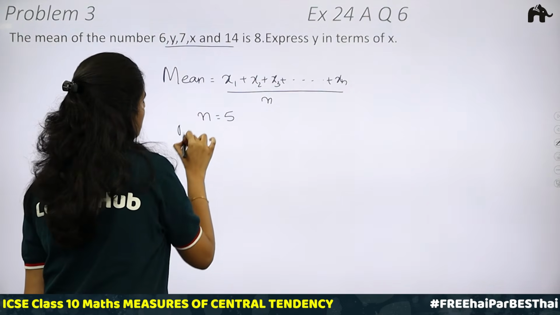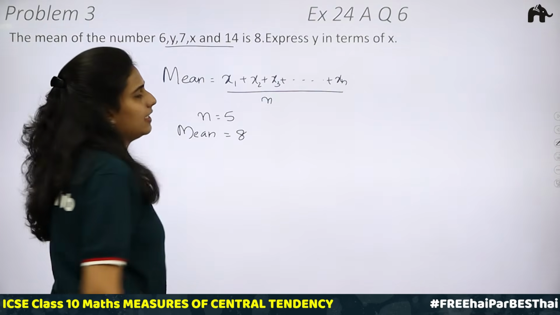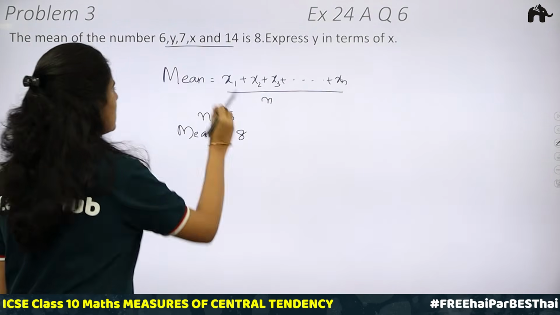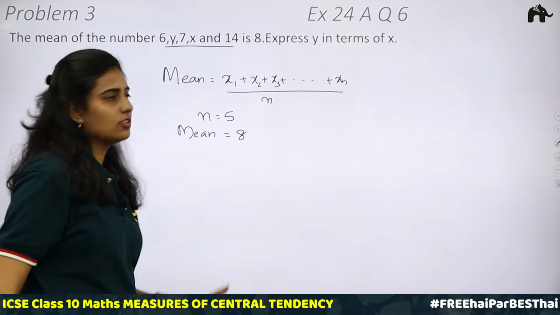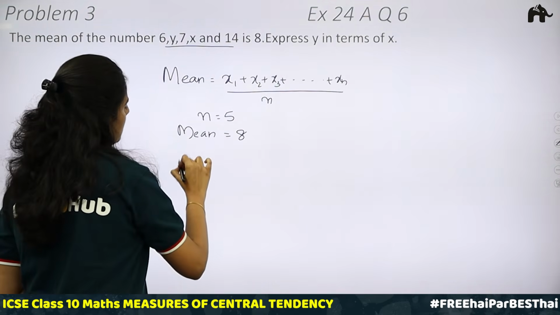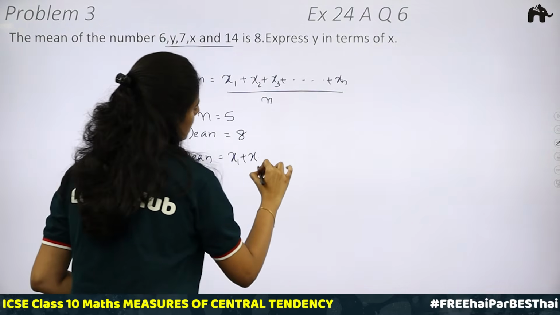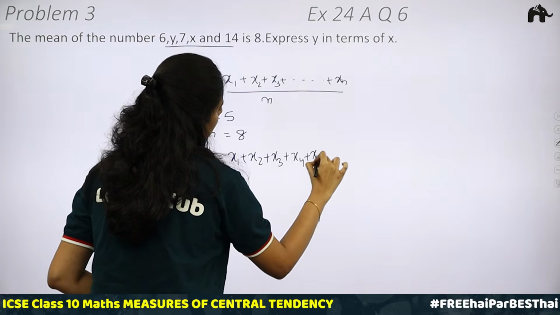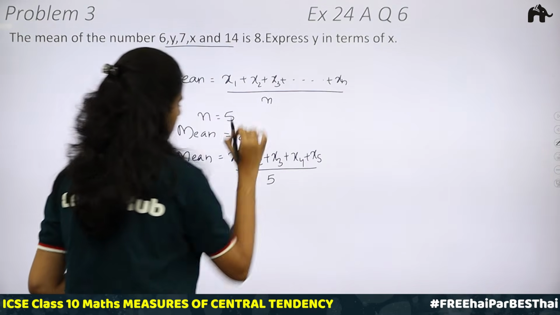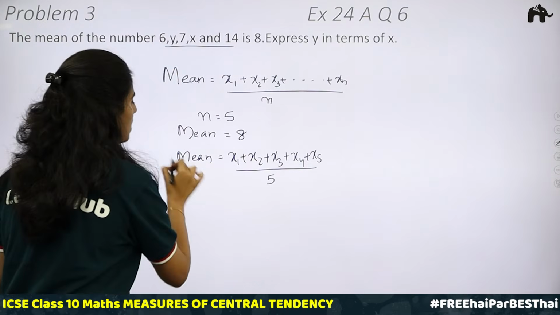Then what else is given? The mean is given. The value of the mean is equal to 8. Okay. x1, x2, x3, x4 and x5, 5 values are also given. So we have mean equal to x1 plus x2 plus x3 plus x4 plus x5, whole divided by 5. Put the value. What is x1? x1 is equal to 6. Here the mean is also known.